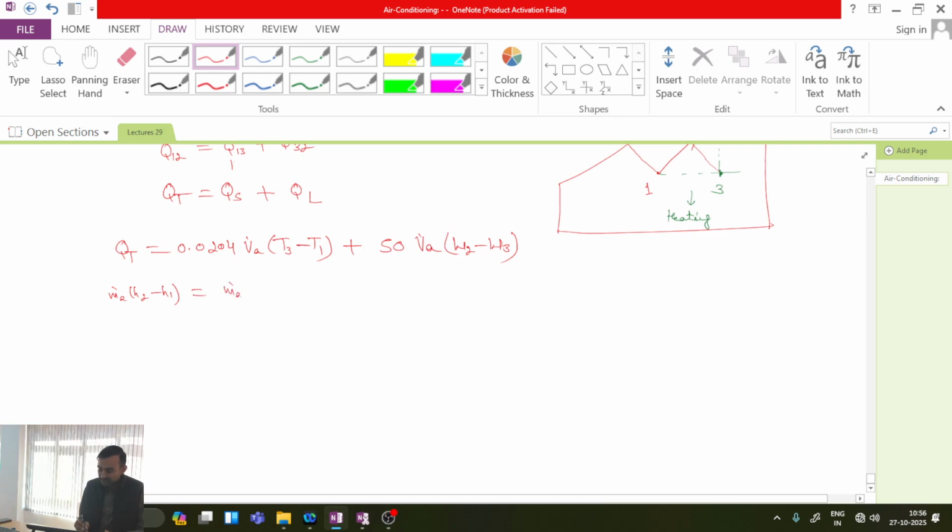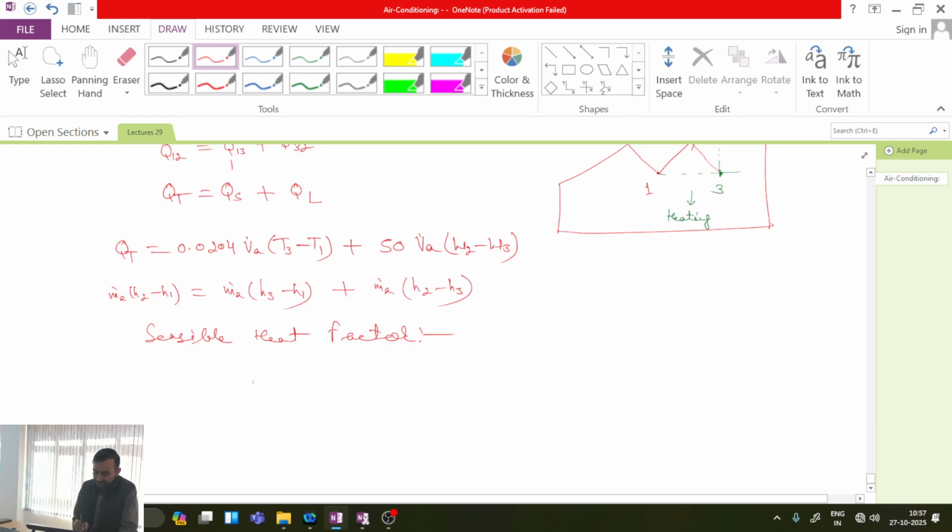Sensible load will be m dot A into H3 minus H1 and latent load will be m dot A into H2 minus H3. Clear?